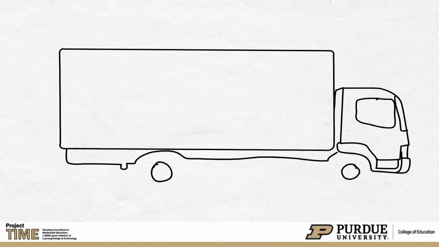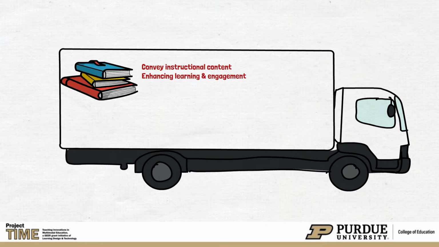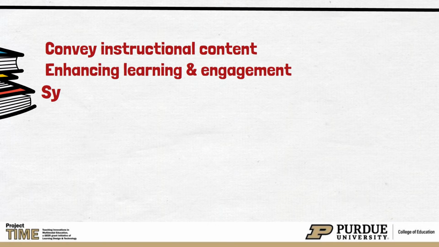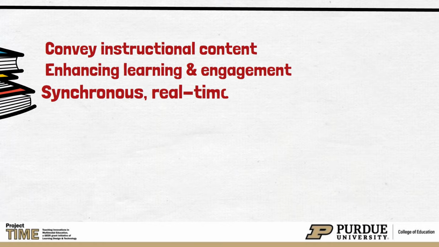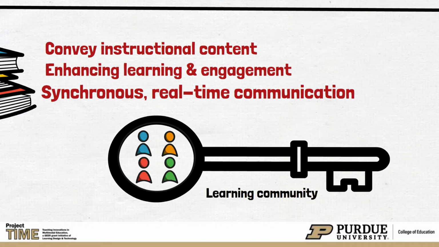Video conferencing tools are vehicles to convey instructional content, enhancing student learning and engagement through synchronous online instruction. Strategically using synchronous real-time communication is key to making online learning appealing to students and helps them establish a sense of community.